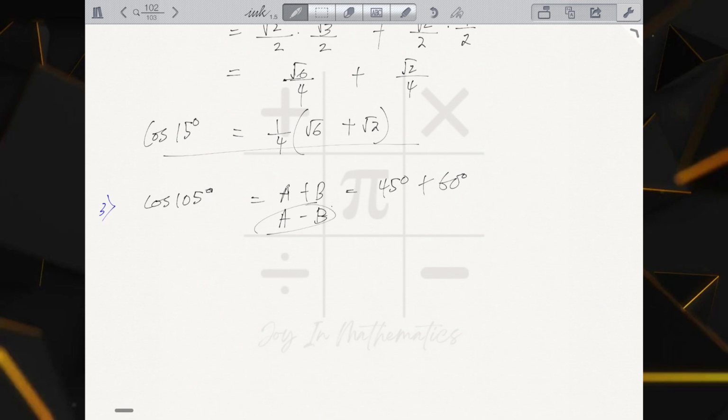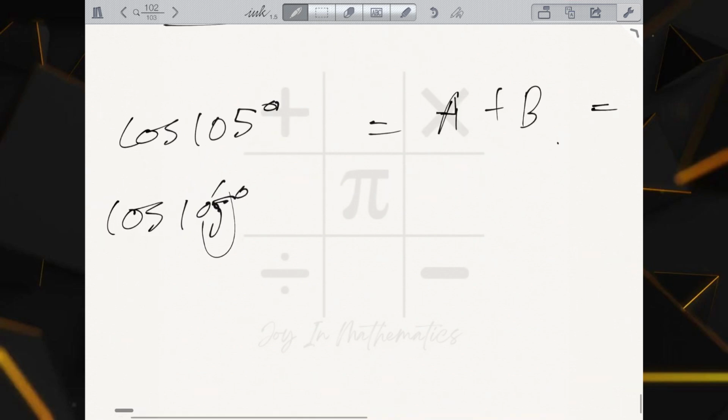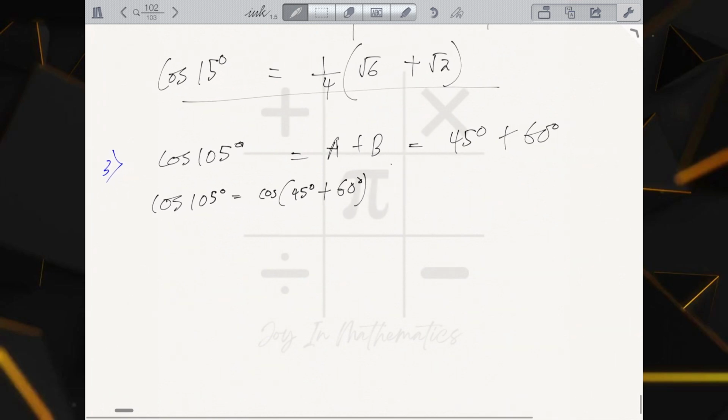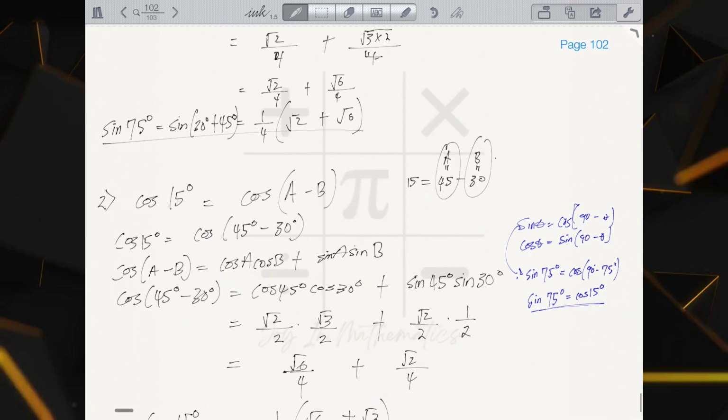So in view of that, we have that cos 105 degrees is equal to cos(45 degrees plus 60 degrees). Now to simplify this further, we'll recall the formula for cos(A plus B). What we did before was cos(A minus B).